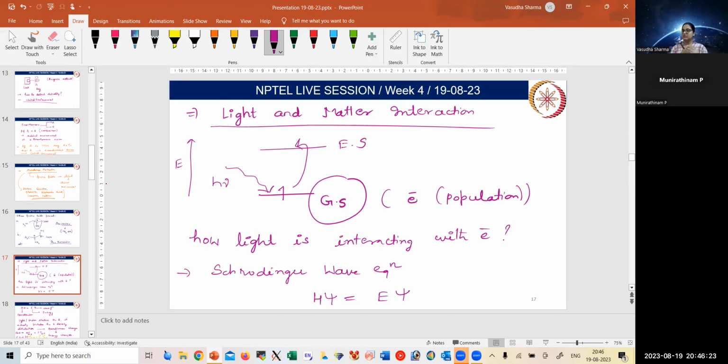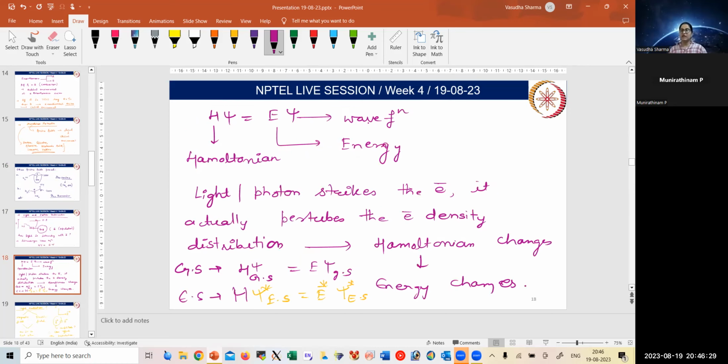Because light is nothing but an electromagnetic radiation, which comprises both the electric field and the magnetic field. And here we know the electric field and magnetic field are perpendicular to each other. But compared to both of them, the electric field is the major component which interacts with matter. That's why we consider only the E value. And to understand how electron density is getting affected, we know that there is the Schrodinger wave equation, which is H psi equals E psi.